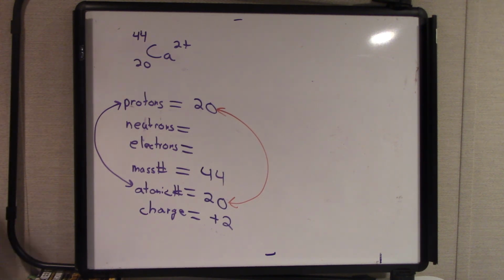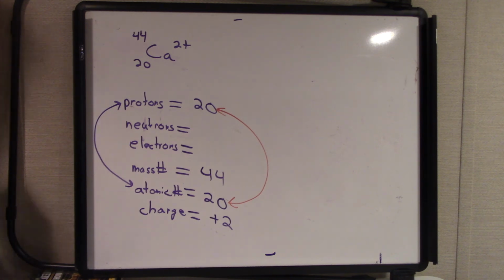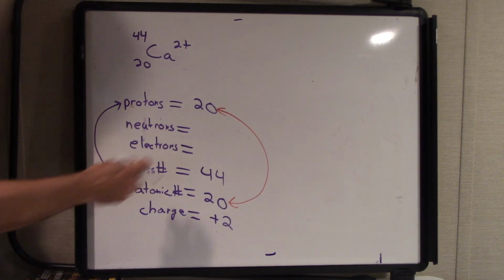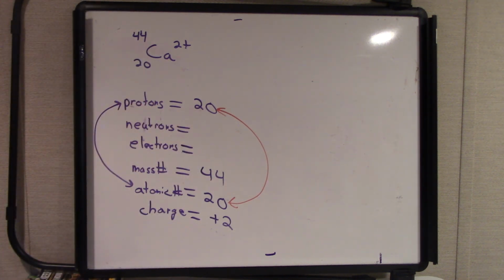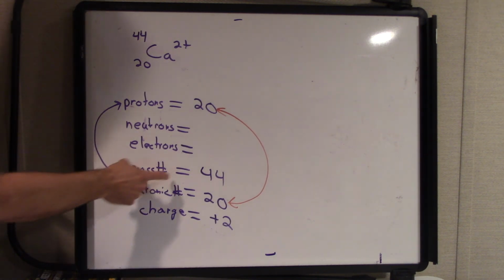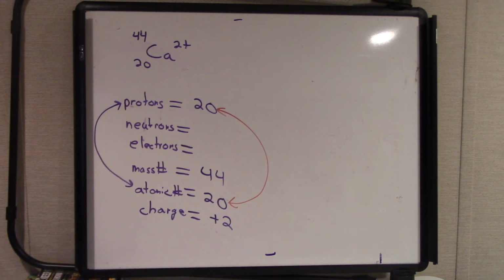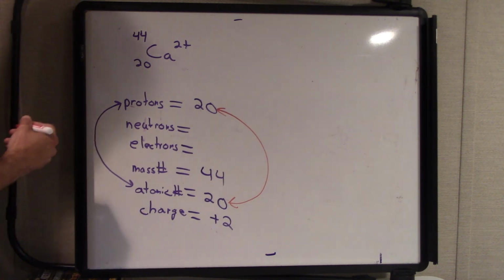Another thing that we're going to be able to figure out is the number of neutrons. And what we're going to see is that our number of neutrons is going to be 24 here. Well, how are we going to get 24 for these neutrons? To get 24, what we have to recognize is that the mass number is going to be the sum total of our protons and our neutrons.